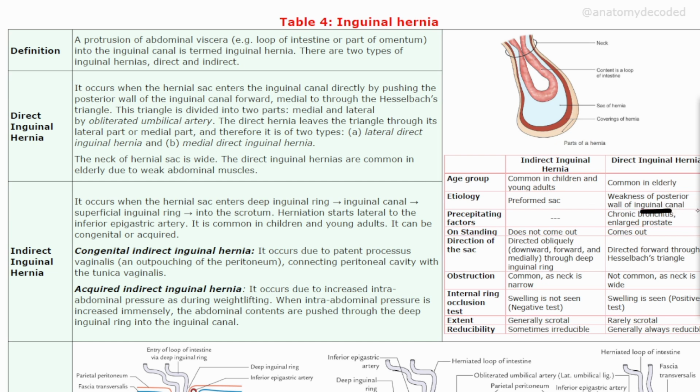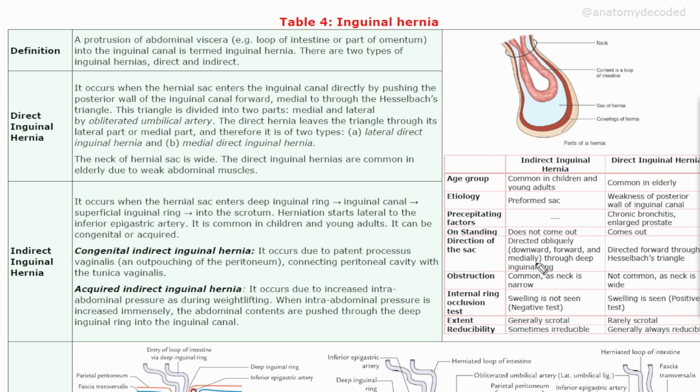Precipitating factors for direct inguinal hernia are chronic bronchitis and enlarged prostate, usually in old age. On standing, the indirect inguinal hernia doesn't come out. Direct inguinal hernia can come out. The direction of the sac in indirect is downwards, forwards, and medially, and direct inguinal hernia is directed forwards.